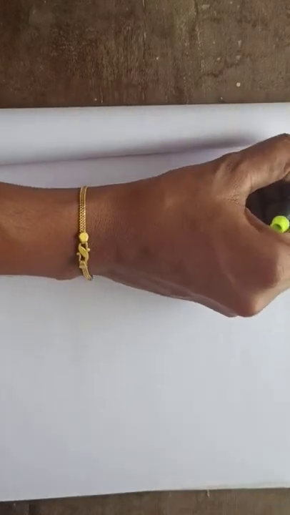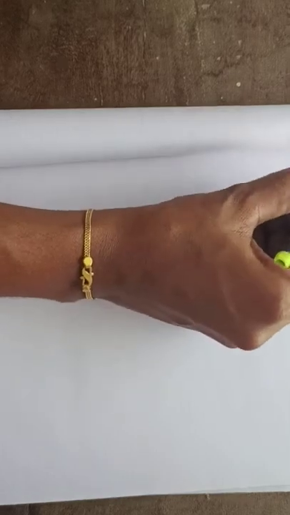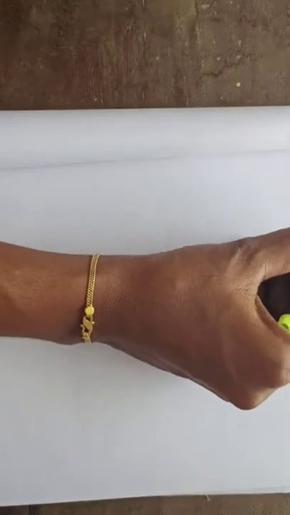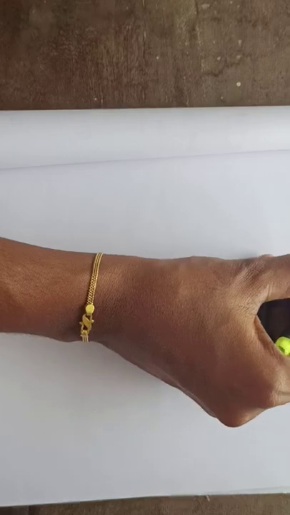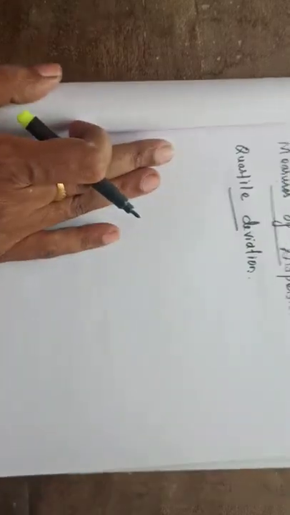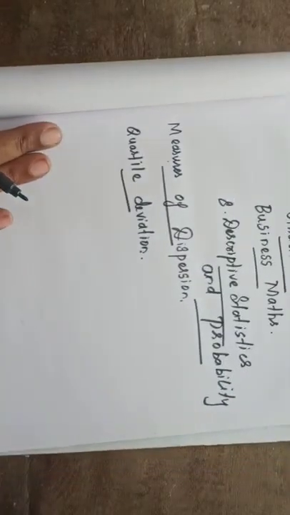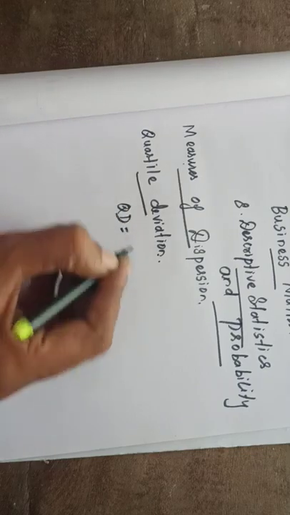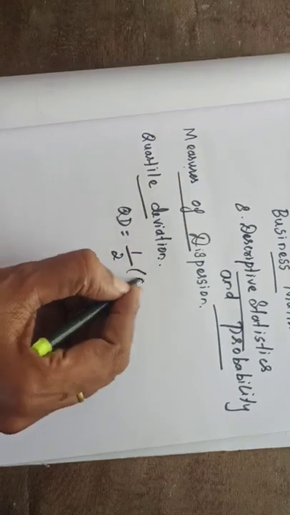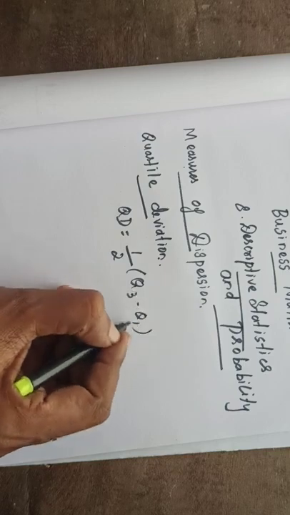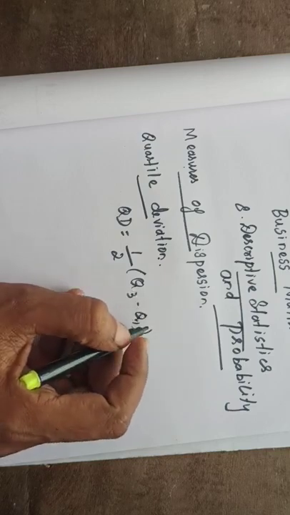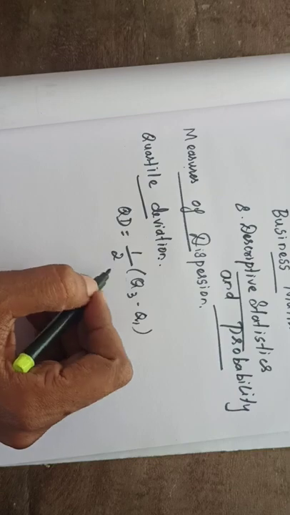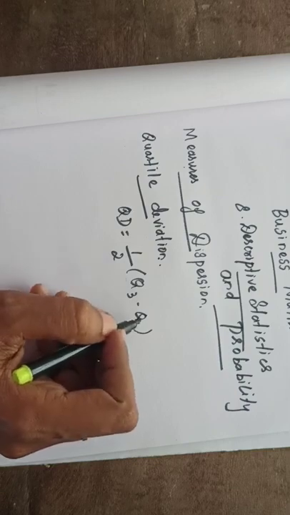The topic is quartile deviation. Quartile deviation is defined as QD, that is quartile deviation, equal to half into Q3 minus Q1.